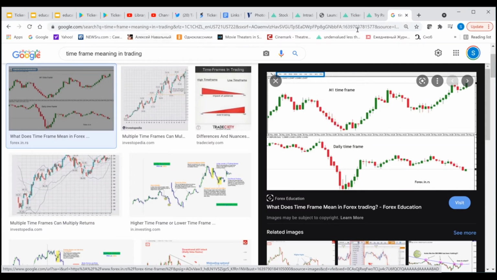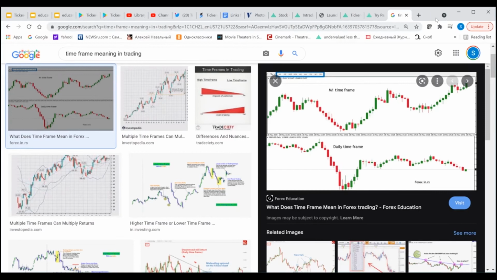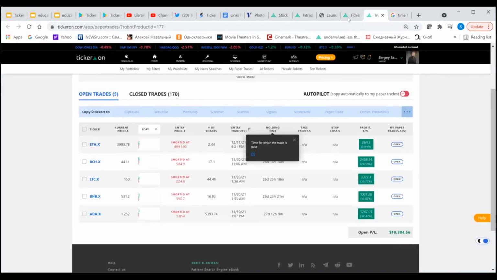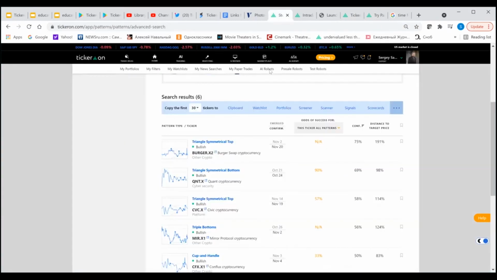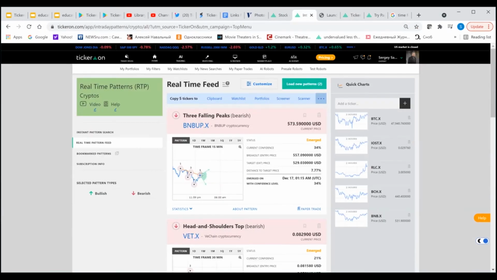So when we look at these charts, you see every point is a 15 minutes closing price, right? So how to customize that?